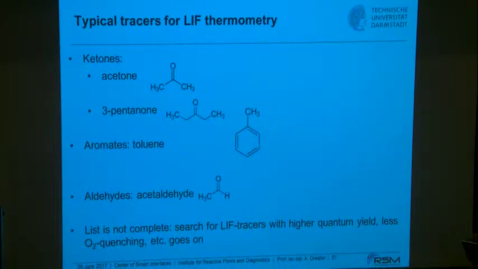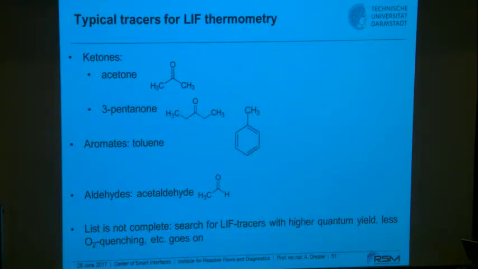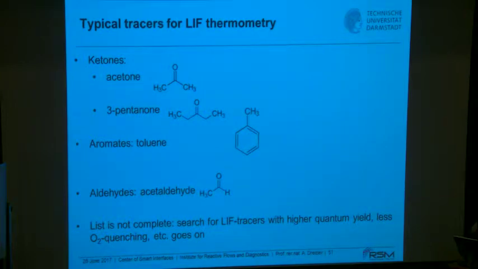And still the search for other tracers, better tracers with more quantum yield, meaning a higher probability to get a fluorescence photon out, is ongoing. The problem very often, like for toluene, for example, is that they are not only temperature sensitive, but their fluorescence signal as well will change with increasing oxygen concentration.